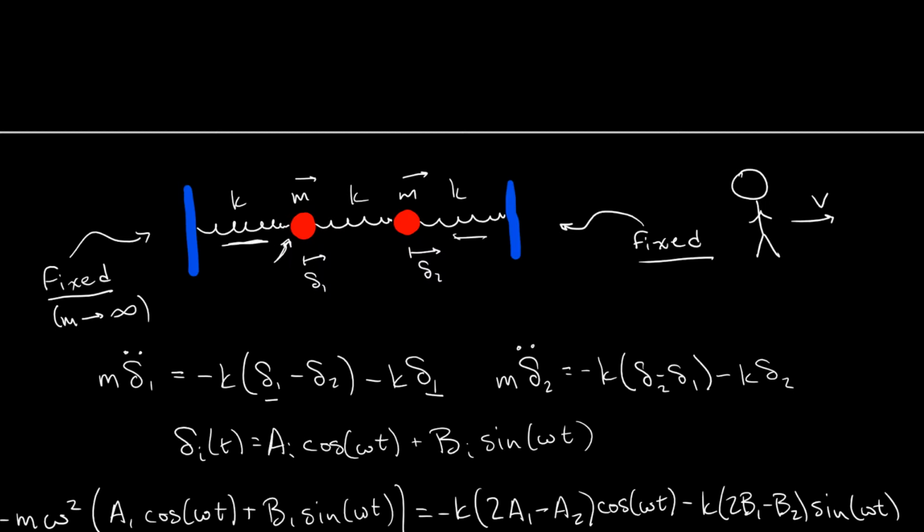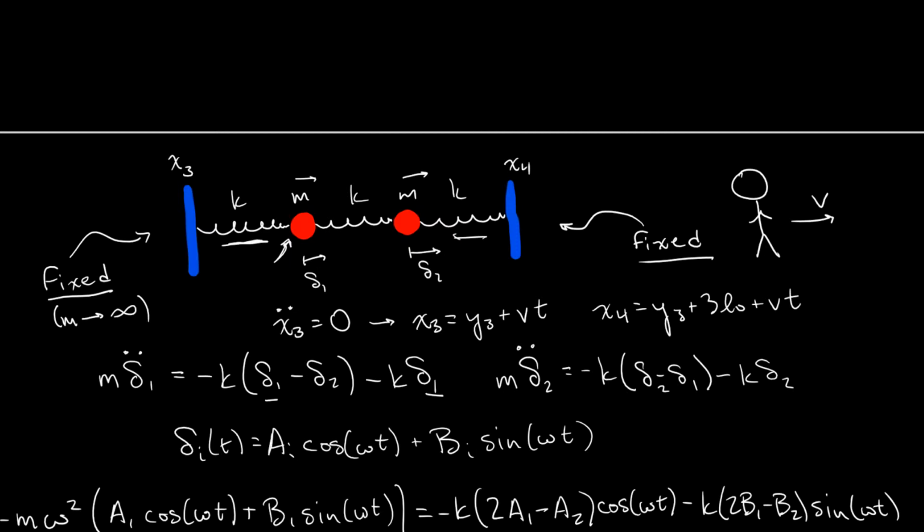But if we describe the walls by some other coordinate, call them x3 and x4, we just know that these never experience any acceleration, which means that these can certainly have some offset, say y3 plus vt. And of course, we know that x4 is going to be related, plus 3L naught plus vt.